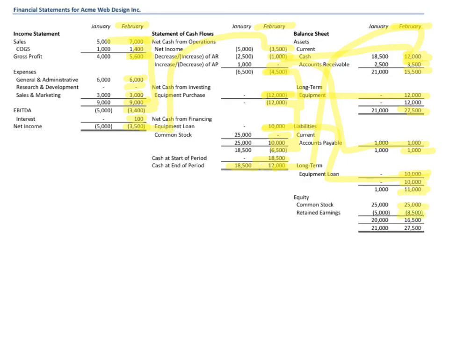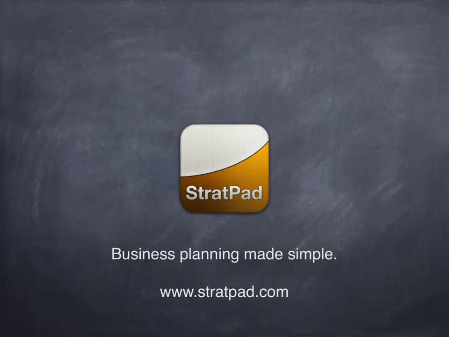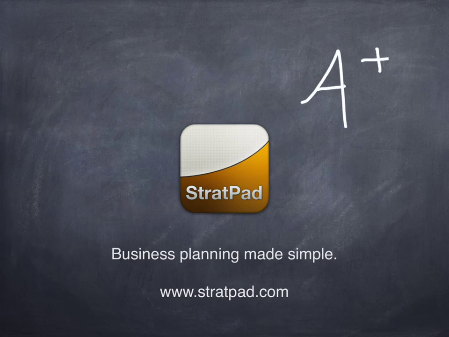Retained earnings, as you'll recall, is the total of all of the profits and losses since the company began, which is indeed $8,500. And you can see at the bottom, the total of liabilities and owner's equity is $27,500, and so our balance sheet balances. Perfect.